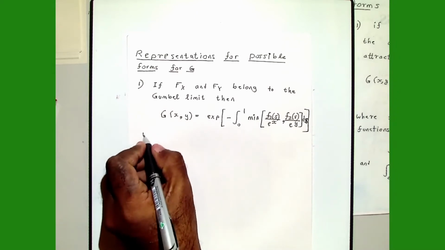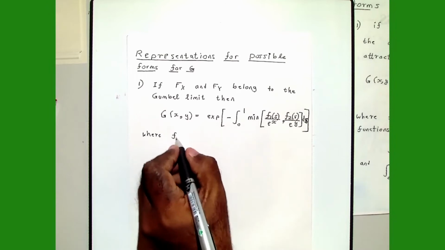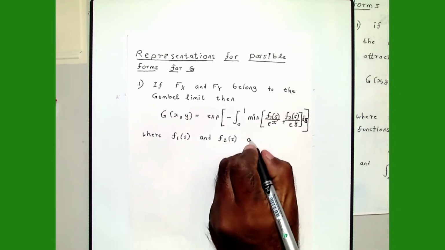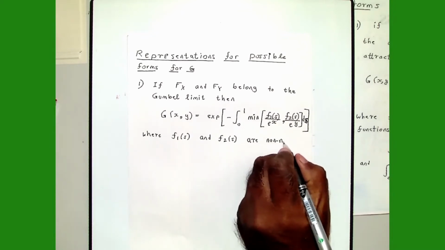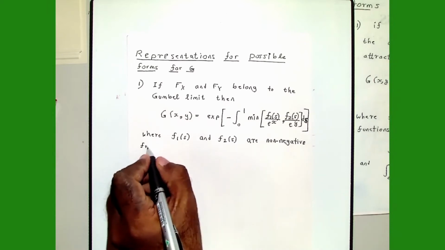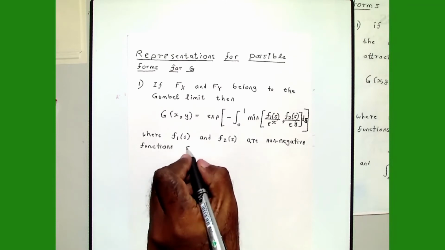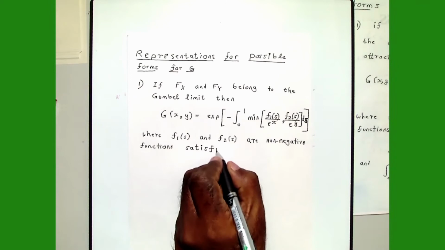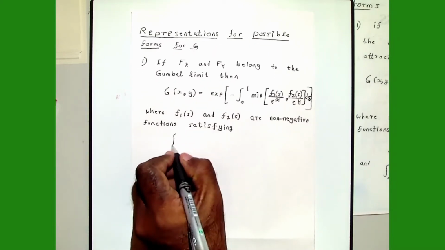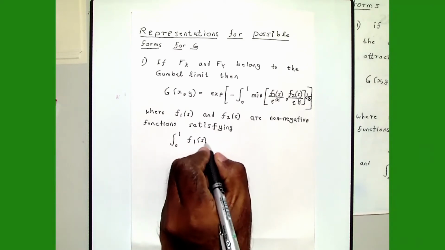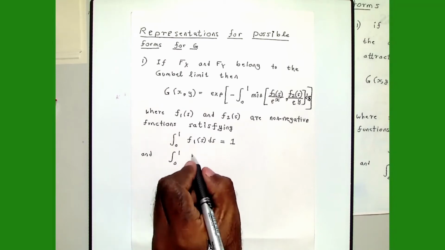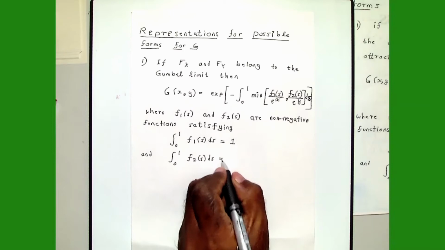Okay, where f1 and f2 are non-negative functions, and they must satisfy the 2 conditions, that the integral of f1 must be 1 and the integral of f2 should also be equal to 1.